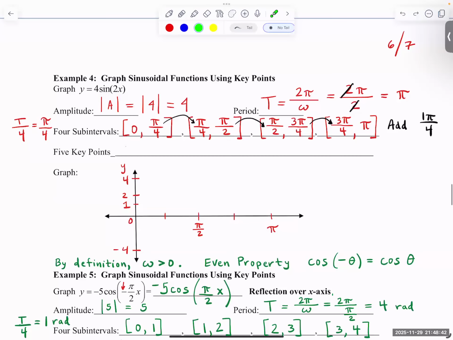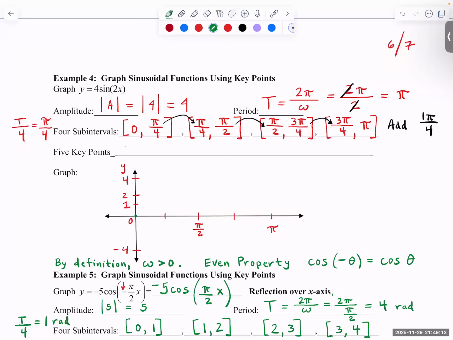All right, so let's start graphing. The first key point will be for the sine function. Normally it starts at 0, comma 0. Matter of fact, let's pause here and put in the basic sine function. Key points are at 0, 0, the origin.